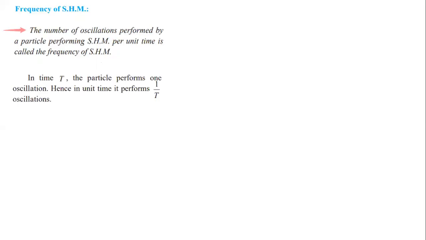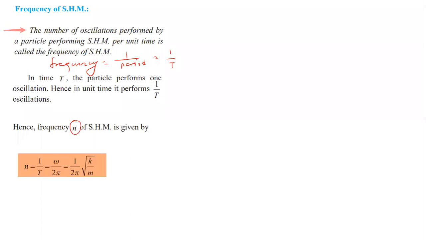Now frequency is given by the formula 1 by period, or 1 by capital T, and the formula for capital T we already derived. Frequency we can represent by the symbol small n. So the first formula is 1 by capital T, in terms of period.